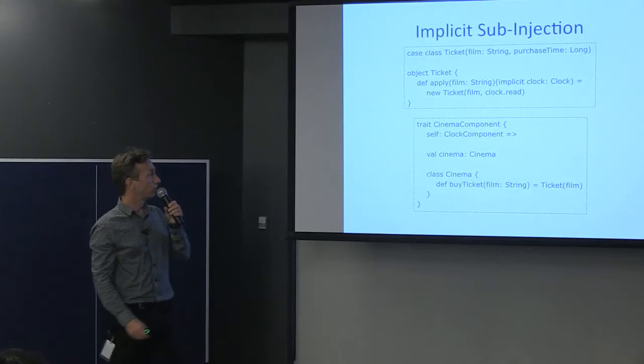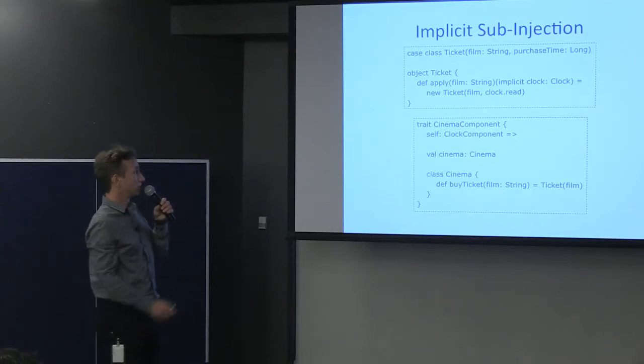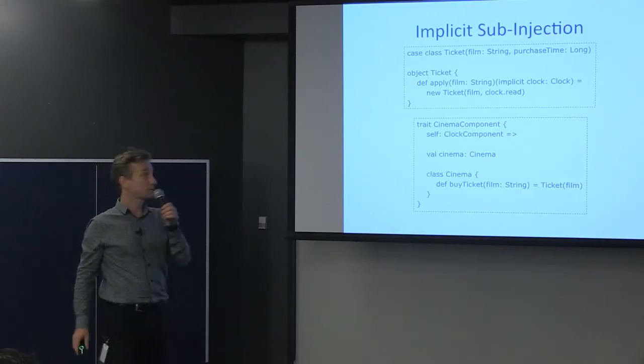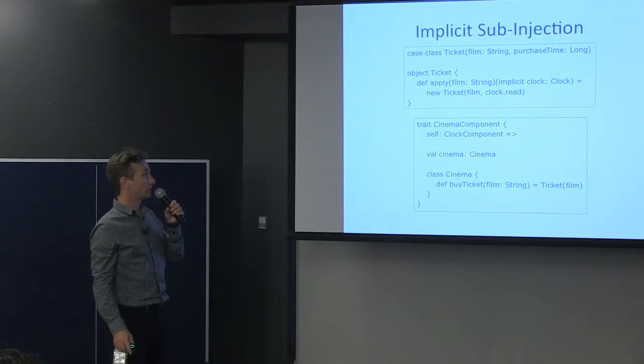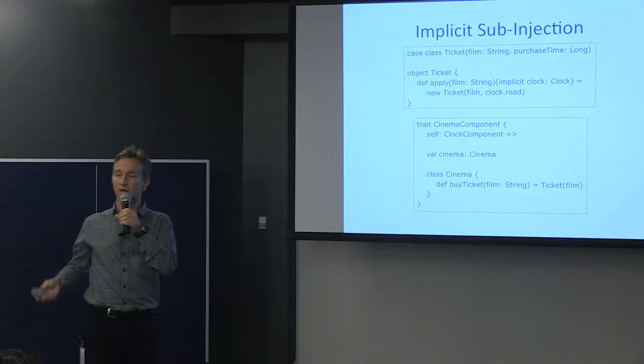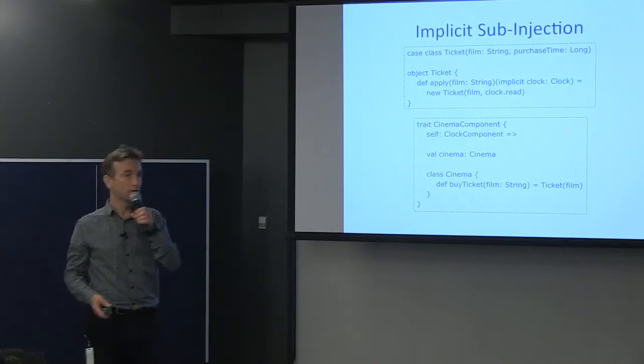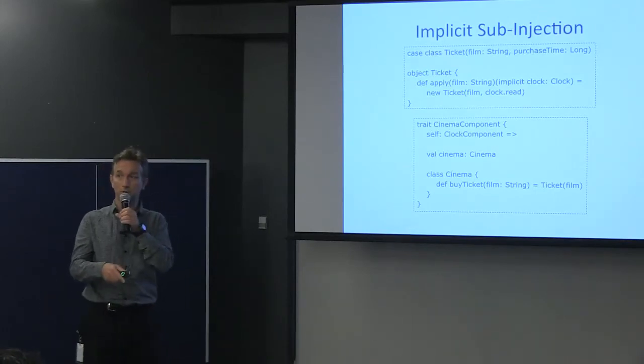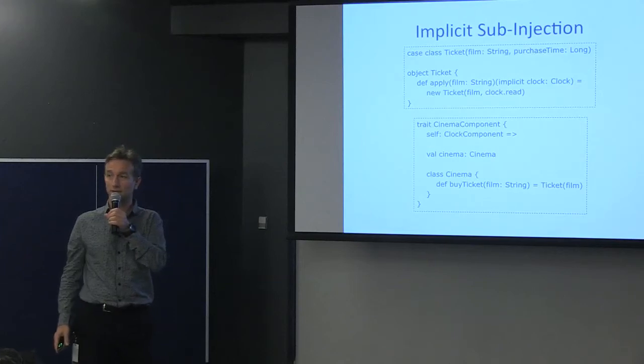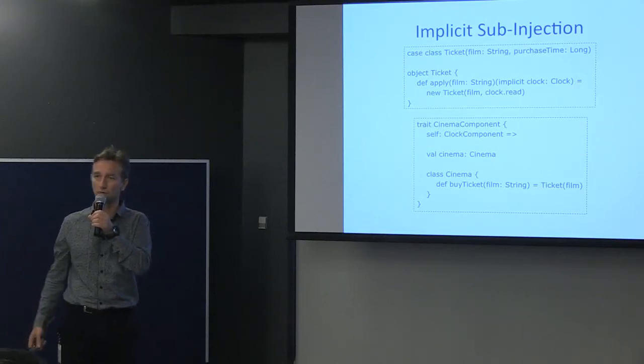And so that means that we can, for instance, we've got a ticket case class, and in there we've got a purchase time on it, and when we instantiate it, we want it to pick up the time from the clock there. Now if we define clock inside a component, then suddenly the ticket case class would have to be inside another component, and then it goes on and on forever.